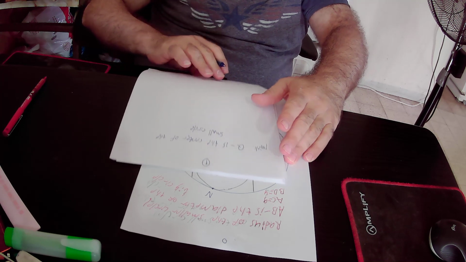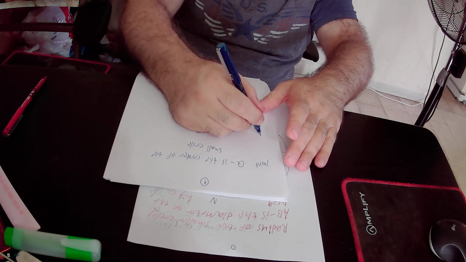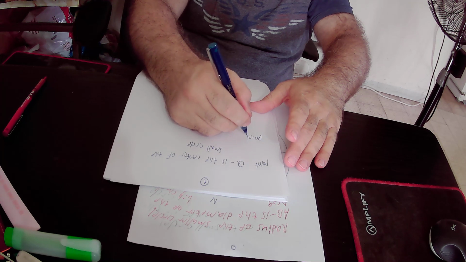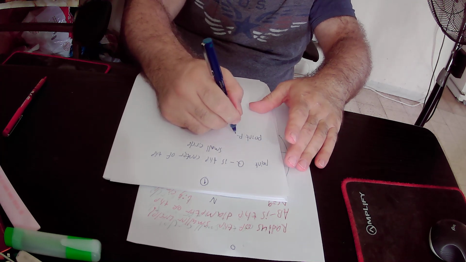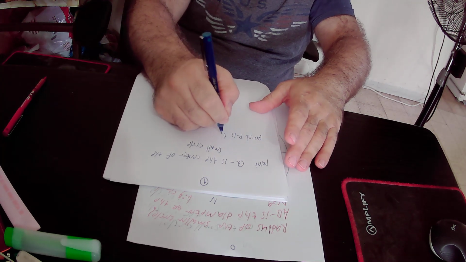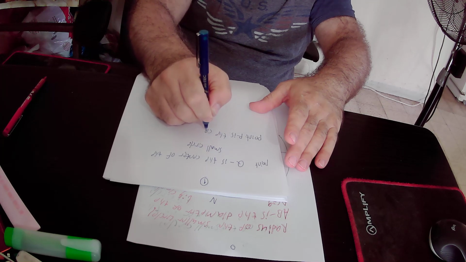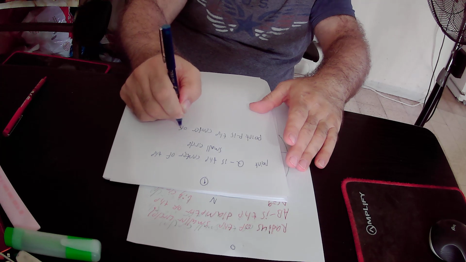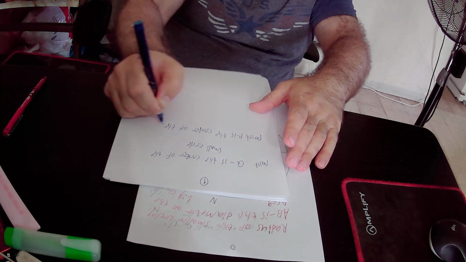Point Q is the center of the small circle, and point P is the center of the big circle.